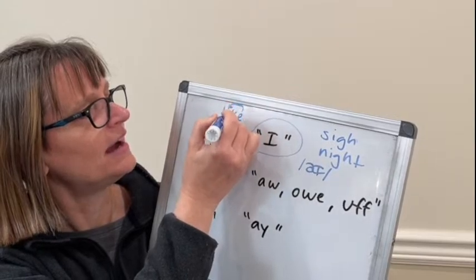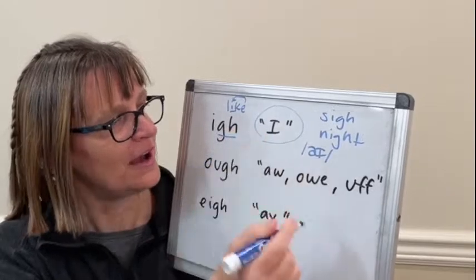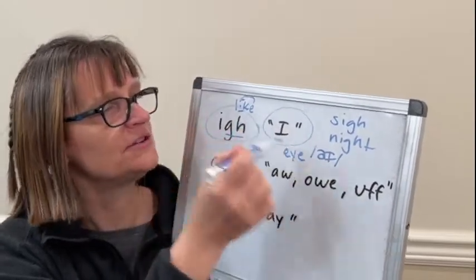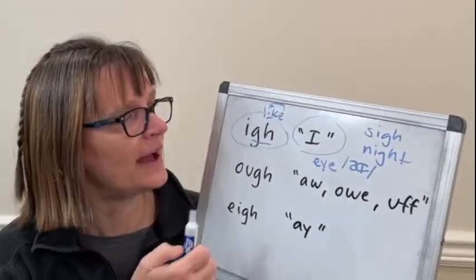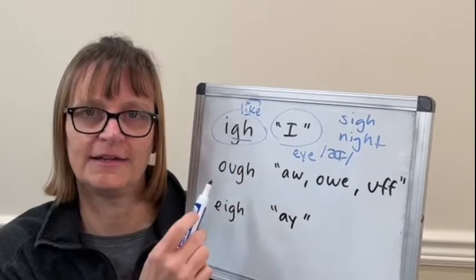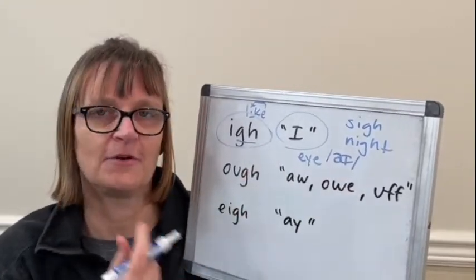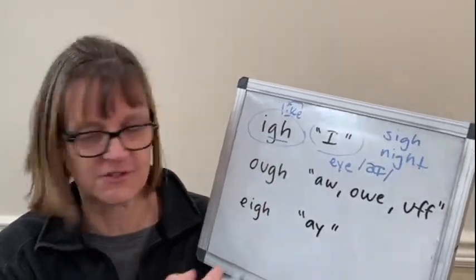The E makes the I say its name. So the I diphthong is also in the word I. And so when you see these letters, you can usually count on them sounding like I. I often use this spelling for the I diphthong because the letter I doesn't always say I. So that's one of the patterns I want to talk about.